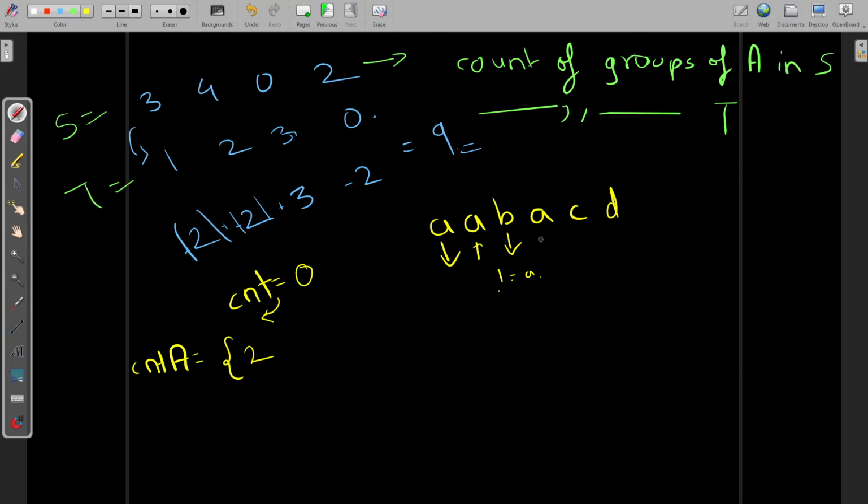Then I will jump on the next character. I will see this character is A, so I will again increment the count by 1. Then I go to the next character and see that this is not equal to A. So I will again do the same process: insert this count into my vector and reset it to 0.